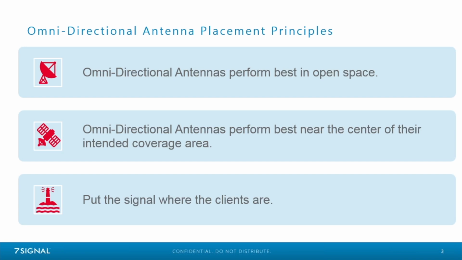So you don't want to offset them in a corner of the room if you can help it. And the third one, which really applies to all antennas, is put the signal where the clients are. It doesn't help if you're covering spaces where clients are not, whether that's up in the ceiling or outside the building or whatever. How do those sound, Jim?